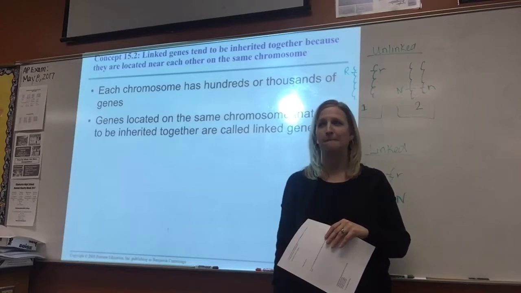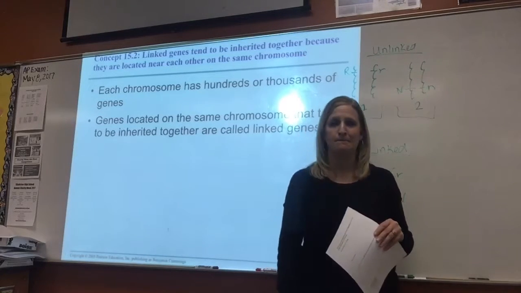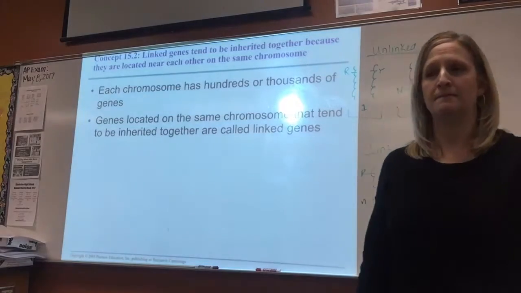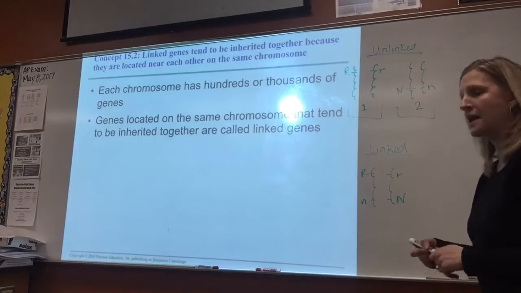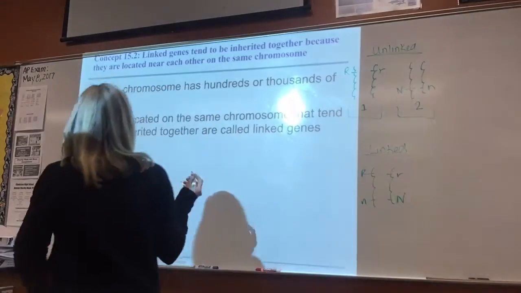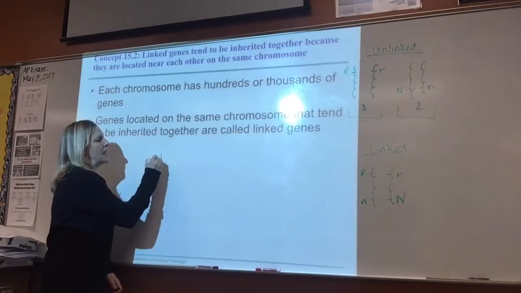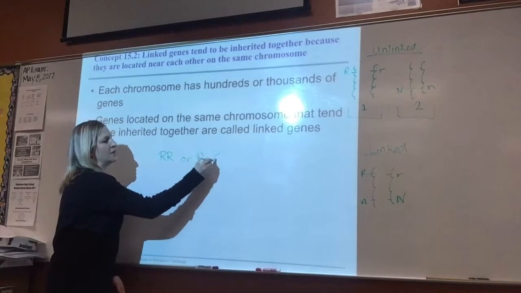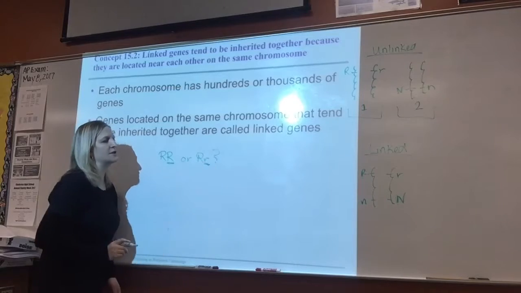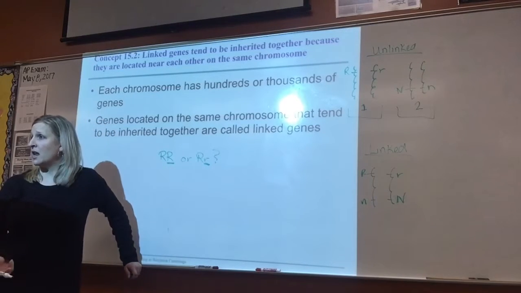Test cross. Lucas? Is that where you cross it with both recessive, or cross it just 2 recessive individuals? Yes. The test cross is usually performed when an individual has the dominant trait, and when it has the dominant trait, you don't know if their second gene is a big R or a little r.